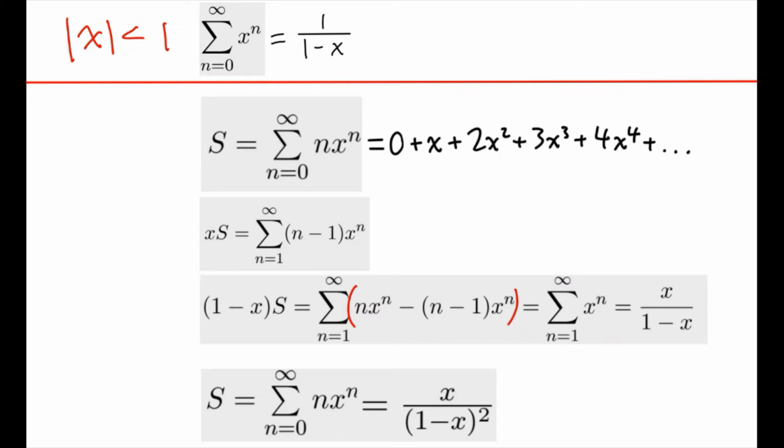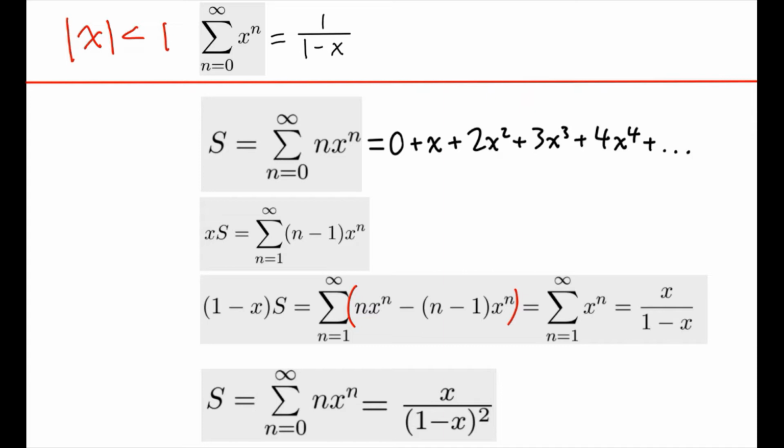Now, if we let x be smaller than 1, then this sequence over here is a geometric sequence with the first term being 1 and the ratio being x, so this is obviously going to be equal to this over here, because it's a geometric sequence.